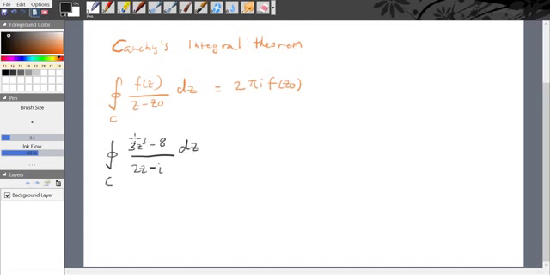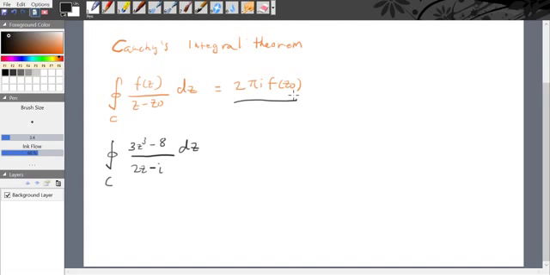So we have this messy integral, and we could use substitution and other sophisticated techniques, but it requires a lot of time to evaluate the complicated integral. Instead, by using Cauchy's integral theorem, we could transform it into this form.